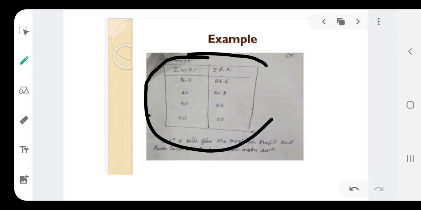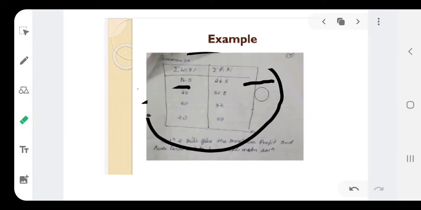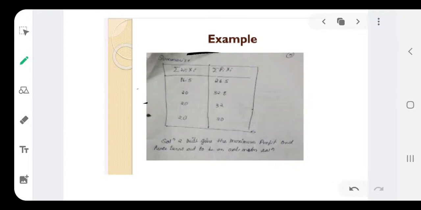After getting both values, we came to a conclusion. According to the first solution, if I am picking the objects, my total knapsack weight will be 16.5 and I am getting a profit of 26.5. Let us see the second solution also.